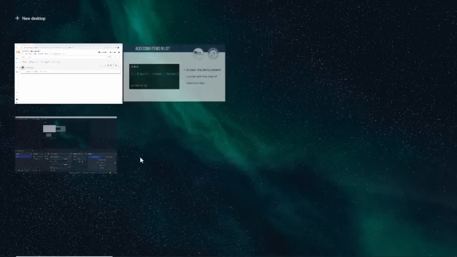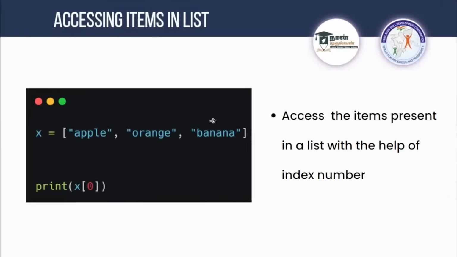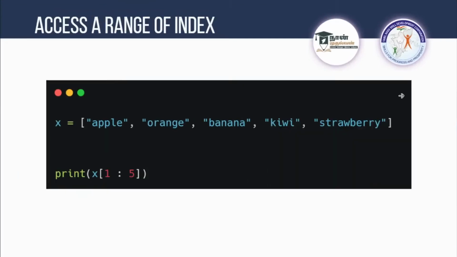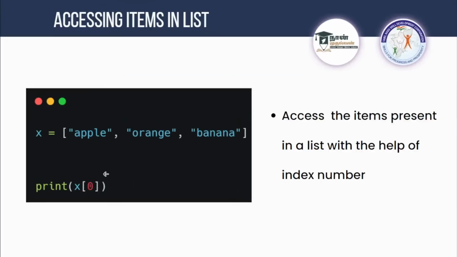Now, it is similar, it is also a sequence data type, right? Similar to a string, list is also a sequence data type. So you can take something which is present in the 0th index of a list also. But what will be present in the 0th index in a list is apple, not A. It is like a collection of items, right? So the single item will take the entire index.